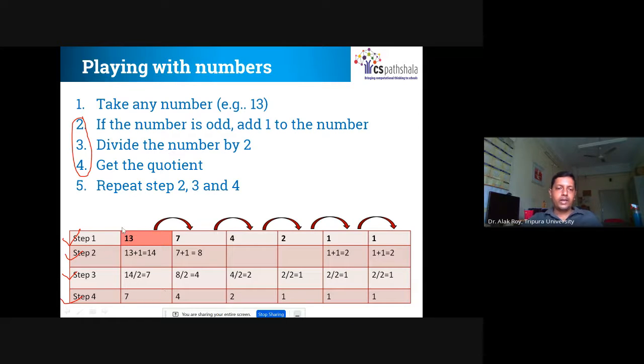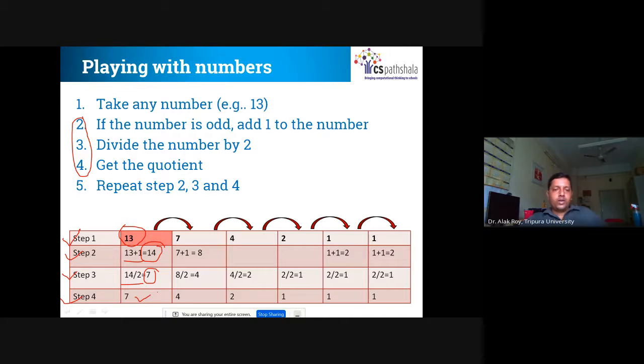See, let's take the number 13. Since 13 is an odd number, add 1. So the result is 14. Whatever result you have, you divide that by 2 and the result is 7. So the quotient is 7.